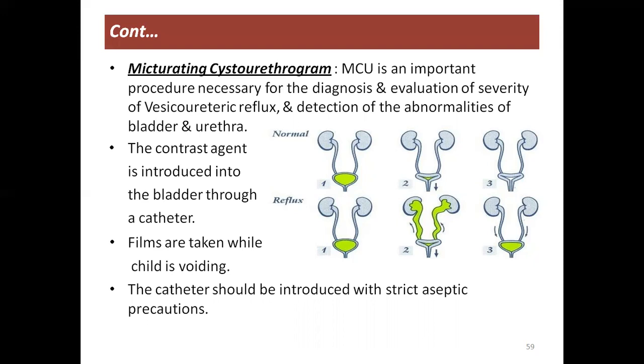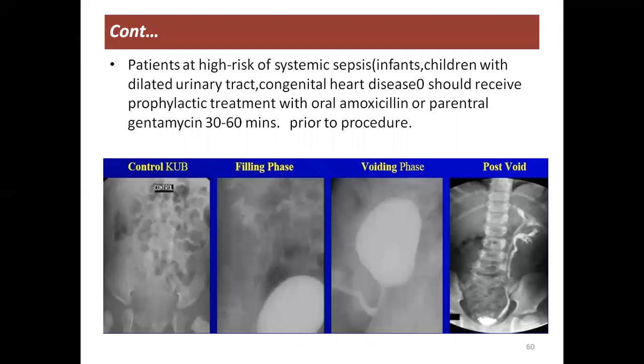The catheter should be introduced with strict aseptic precautions. Patients at high risk of systemic sepsis, like infants and children with dilated urinary tract or congenital heart disease, should receive prophylactic treatment with oral amoxicillin and parenteral gentamicin prior to the procedure so that any superadded infection can be avoided.